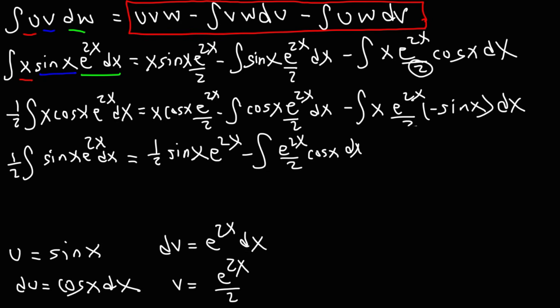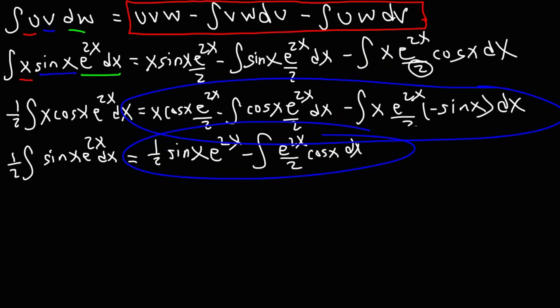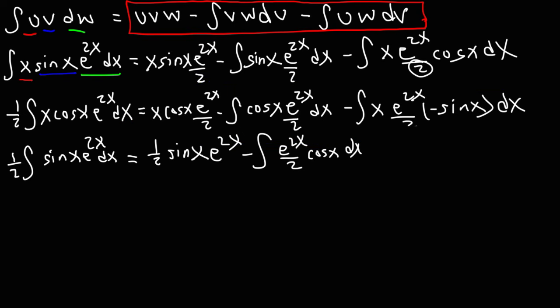So notice that eventually we're going to be able to combine these two expressions. So at this point, what we want to do right now is take these terms and plug them in to their respective formulas. Now, one thing that we have yet to do is distribute the 1/2. So let's go ahead and do that now.